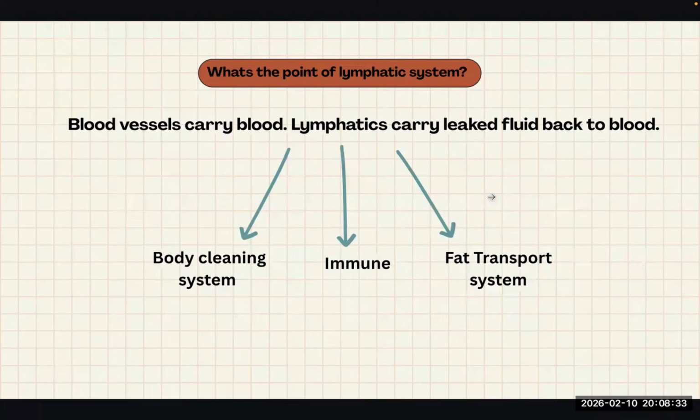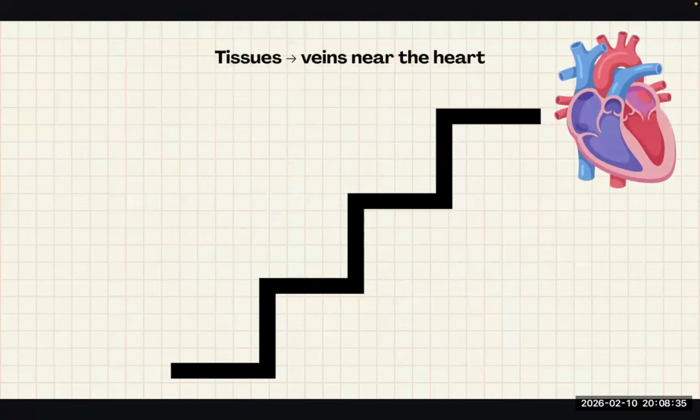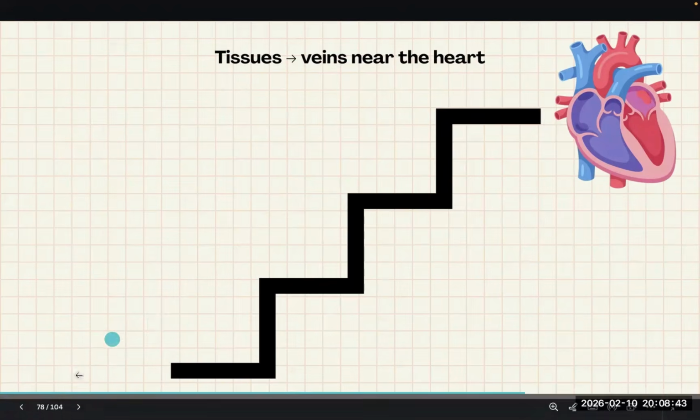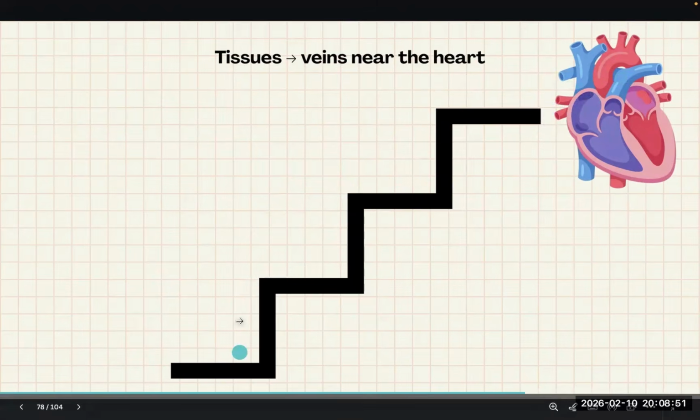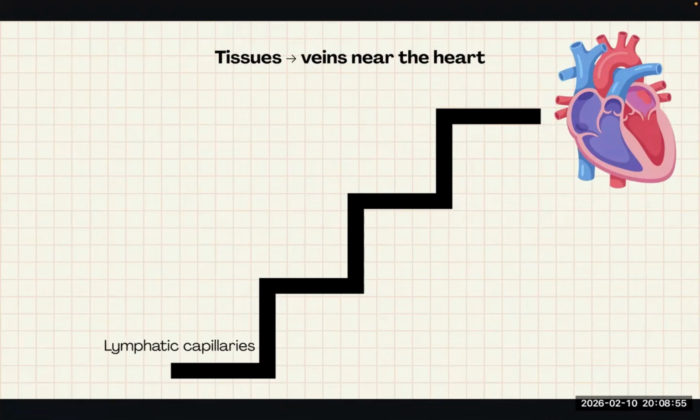Okay. Now, it has a way to go through things, from the tissues all the way to the veins that are nearest to the heart. So what happens is that it takes the lymph from the tissues and sends it all the way to the veins that are closest to the heart. Okay? And the way it does so is kind of similar to a ladder. So it starts with lymphatic capillaries. What are these?